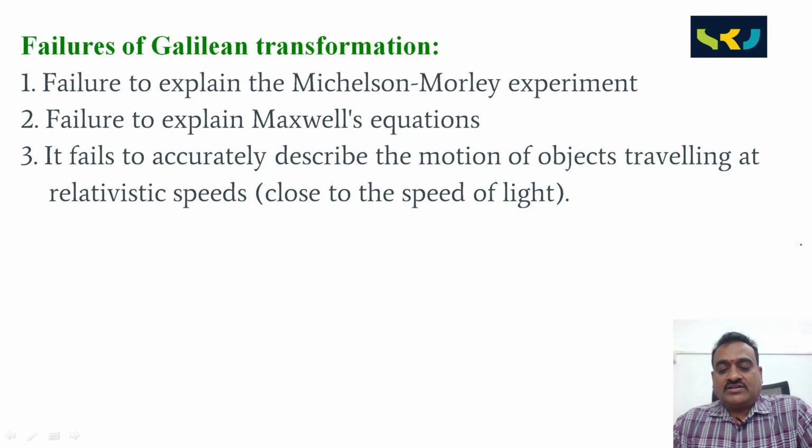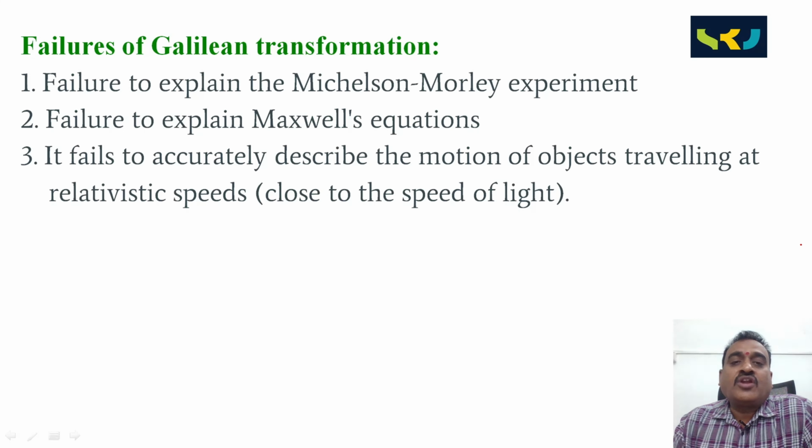The second postulate calls for the same value of the speed of light c in the S frame and also the S dash frame. If we measure the speed of light in the x direction in the S system to be c, however, in the S dash system it will be c dash is equal to c minus v.